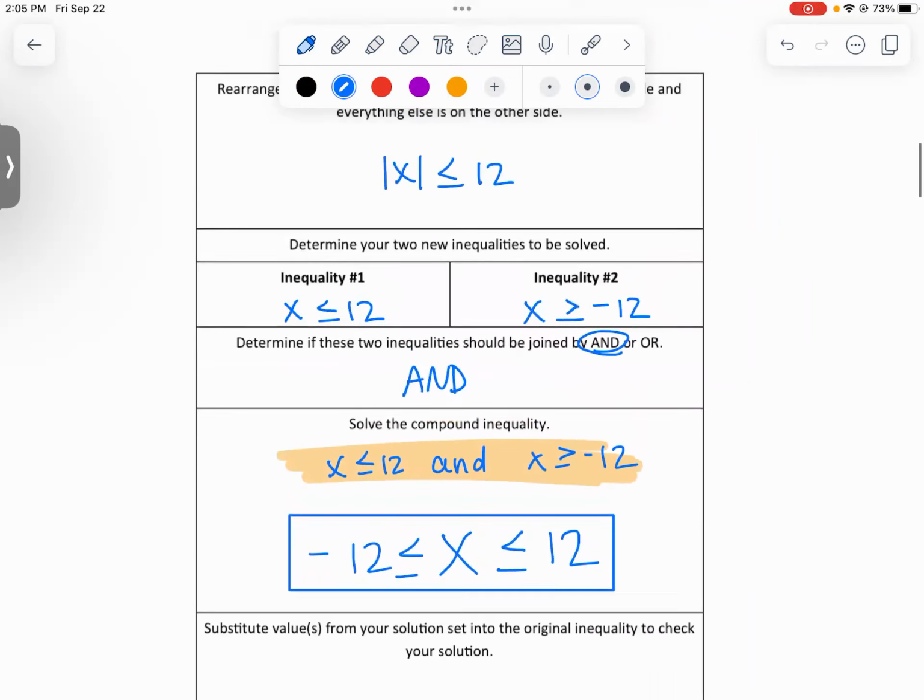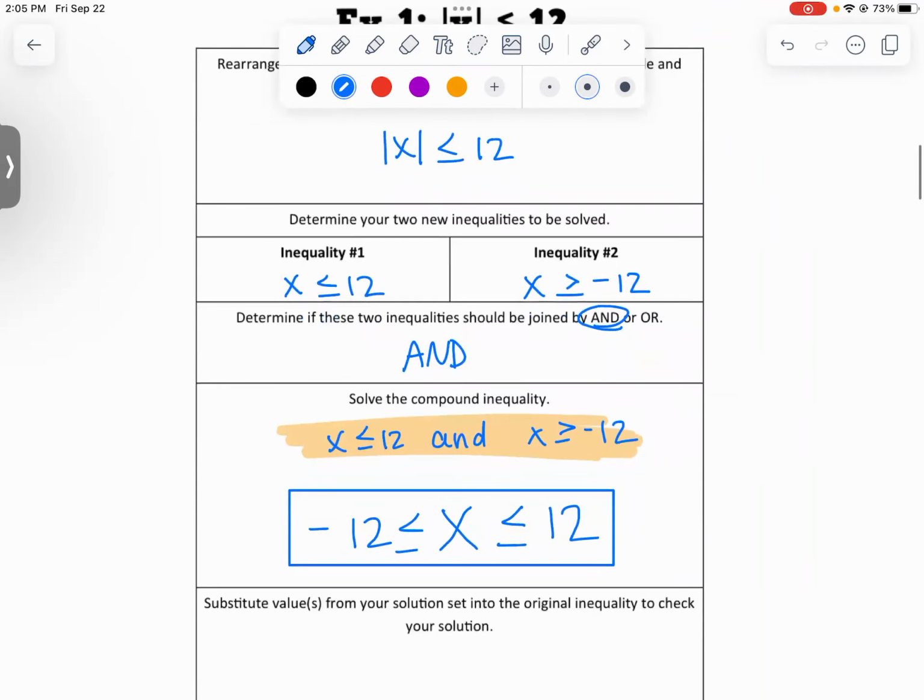Yes, we'll come back to our student journal. Okay. Now, Harry, pick a number in this interval. Can you pick a number between negative 12 and 12, please? Okay. It's 0.